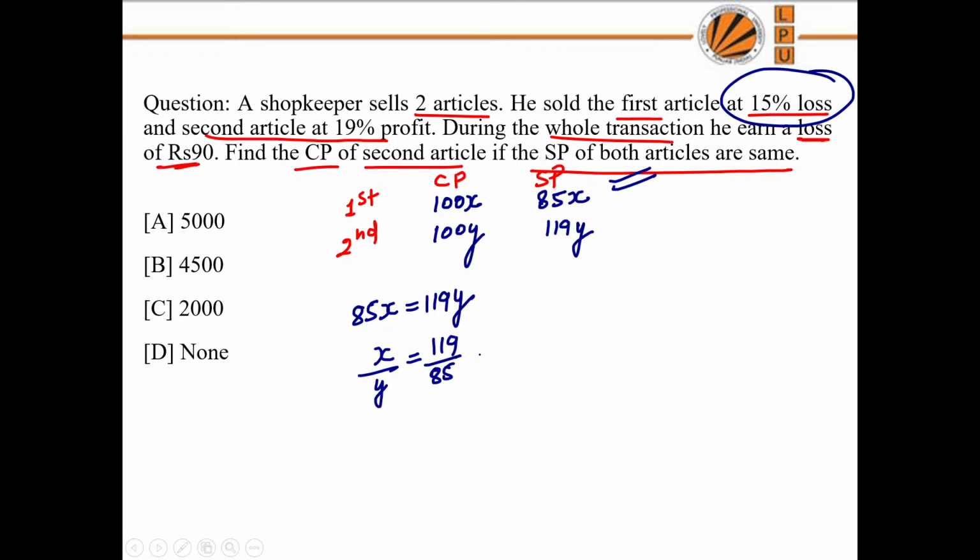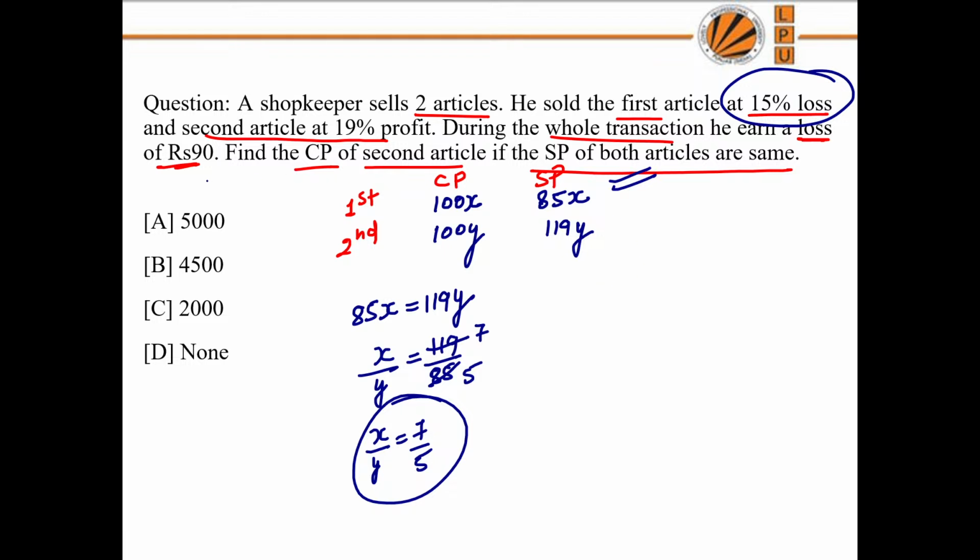Yes, it would be 7 by 5. So from here we got x by y is equal to 7 by 5. Done.